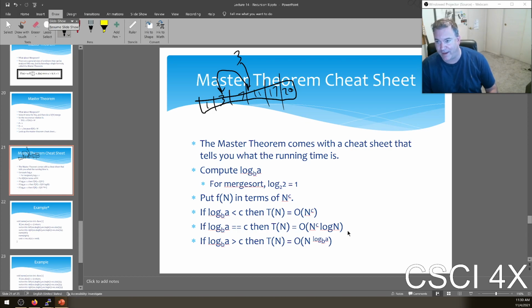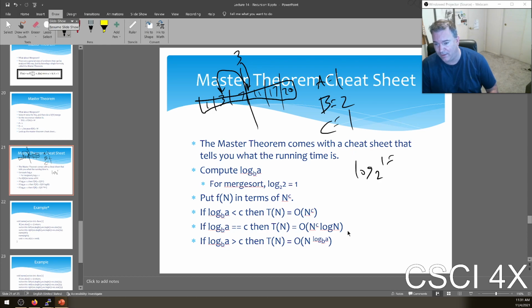And so the fraction is 2. The amount of work you do at each level, you do 1 recursive subcall: binary search to the left or binary search to the right. The fraction you work over is either the left half or the right half, so the denominator is 2. The amount of work you do at each level is 1.